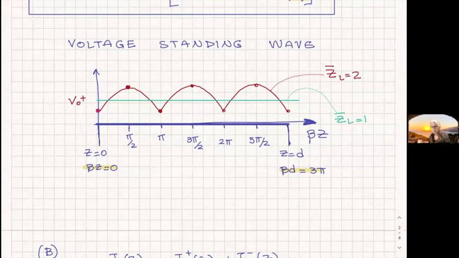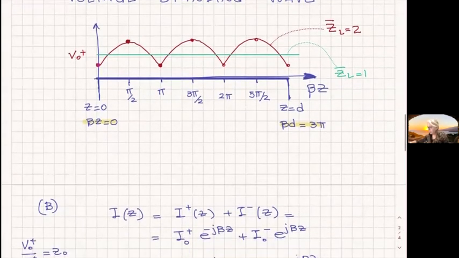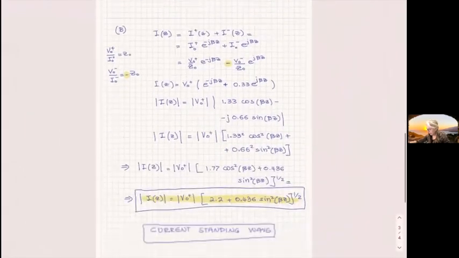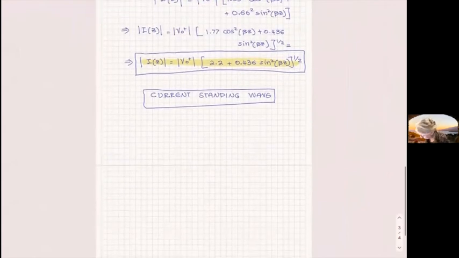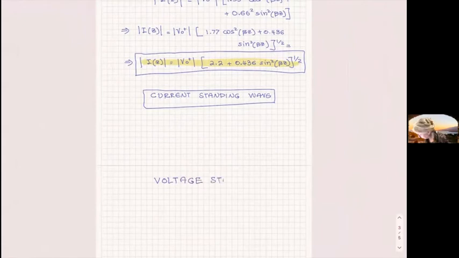The higher the reflection coefficient at the end, the bigger the difference between the maxima and the minima of the standing wave. So considering that, what we then define is another important parameter, which is called, I will put it here, voltage standing wave, because next time we're going to do the whole thing on a Smith chart.